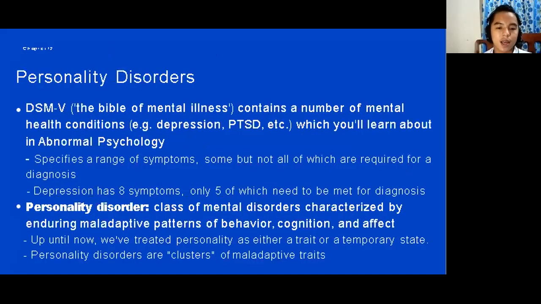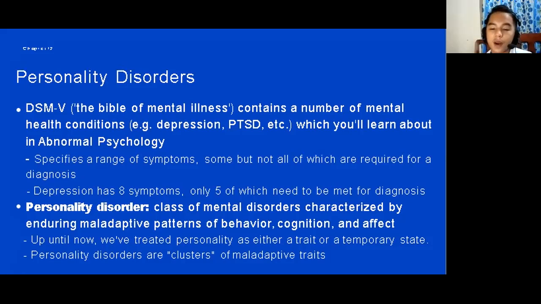So now, the final topic of chapter 12 is the recall of personality disorders. The DSM-5, or Diagnostic and Statistical Manual 5, is the Bible of mental illness. It contains a number of mental health conditions, for example depression, PTSD, OCD, and many more, which we have learned about in our abnormal psychology subject.